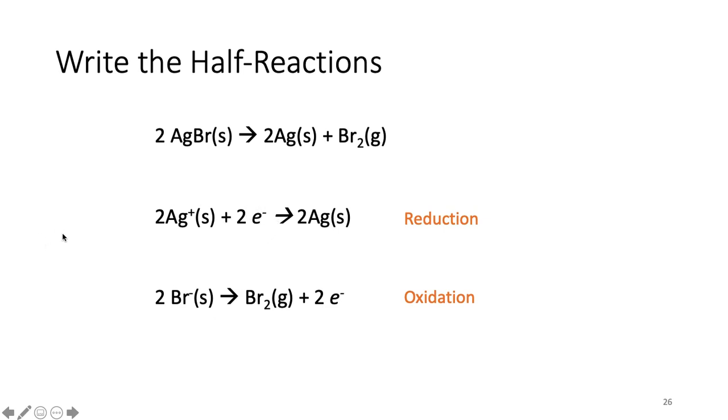These 2 electrons are on the left-hand side and these 2 electrons on the right-hand side of the arrows, so I can cancel them. And then what I have left is 2 silver plus ions plus 2 Br minus ions, giving me 2AgBr2.